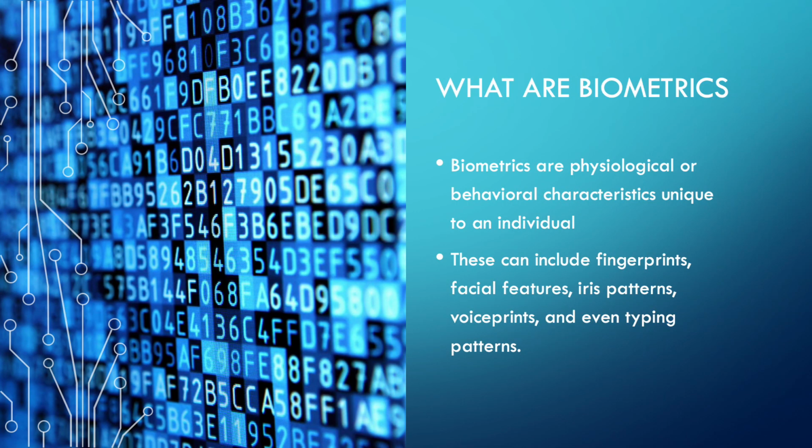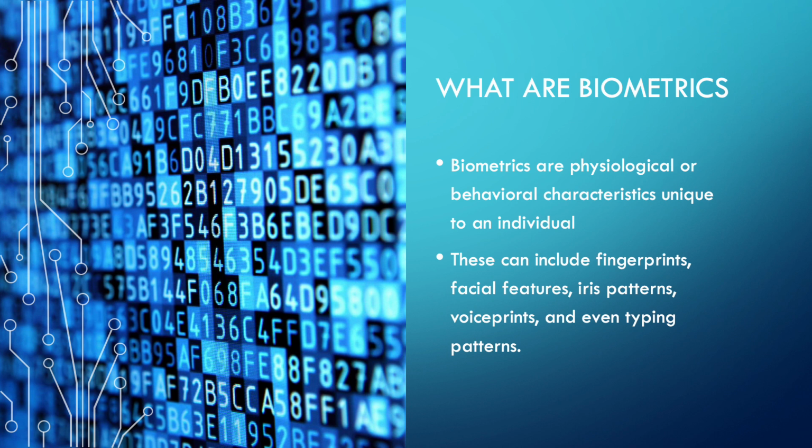So what are biometrics? Biometrics refers to the process of identifying or verifying individuals based on their unique physiological or behavioral characteristics. These characteristics are distinctive to each person and are difficult to replicate. For example, fingerprints have distinct ridge patterns, while facial recognition systems analyze facial features such as the distance between eyes and nose.